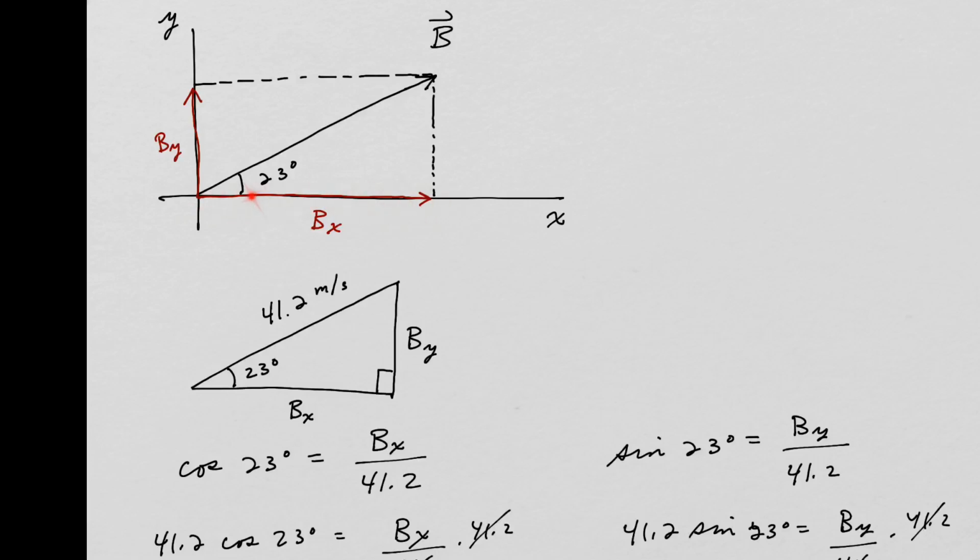So its sign is going to be positive, and then by, since it's directed up, is also going to be positive. But that's only true because we're in the first quadrant, right? If we were in a second quadrant, the x component would be negative and the y would be positive. In the third quadrant, both components would be negative. In the fourth quadrant, the x would be positive, but the y would be negative. So you have to be careful and attach the correct sign at the end based on what quadrant you're in.